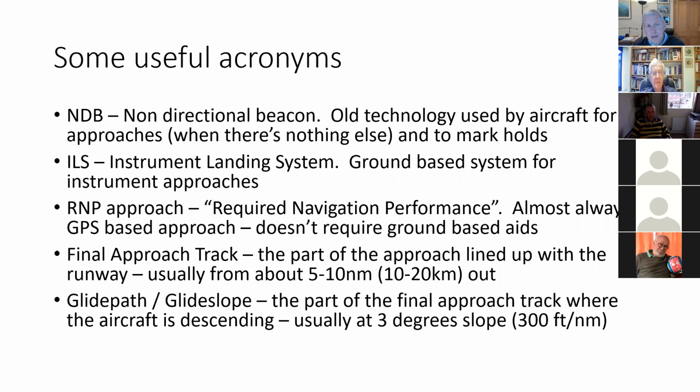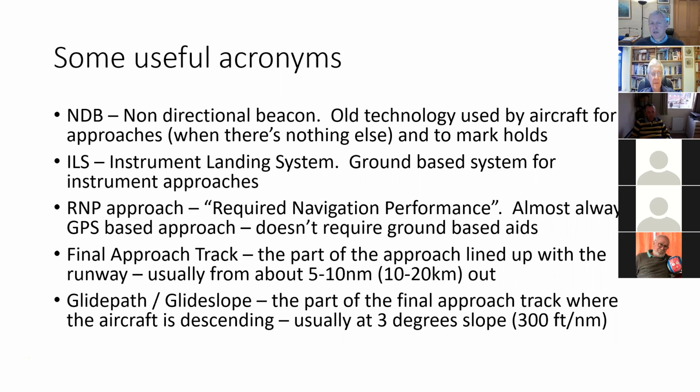A few useful acronyms that you might come across. Something called an NDB, which is a non-directional beacon. Very old technology used by aircraft for approaches. You basically have a needle in the aircraft which points in the direction of this thing. Really, really old technology, dates back to the Second World War. ILS is an instrument landing system.